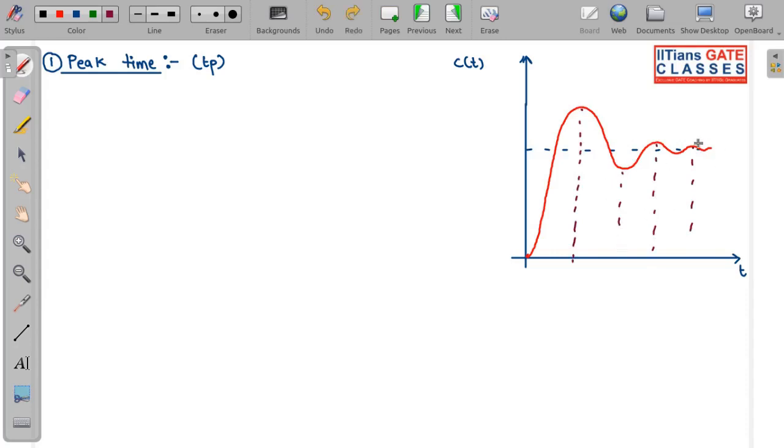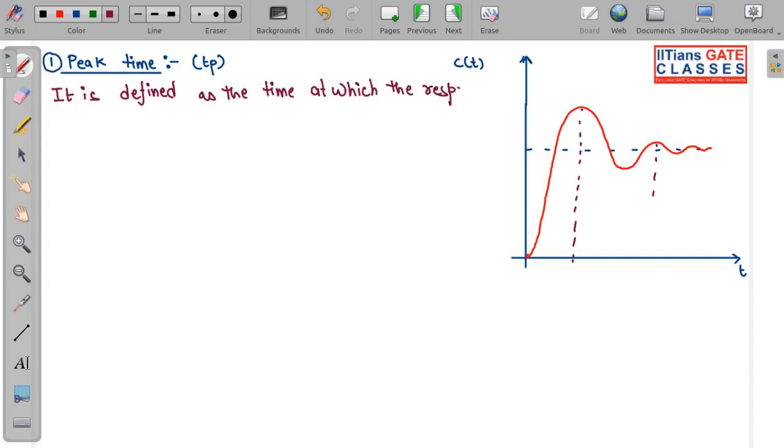So I will write it: it is defined as the time at which the response is either maximum or minimum.